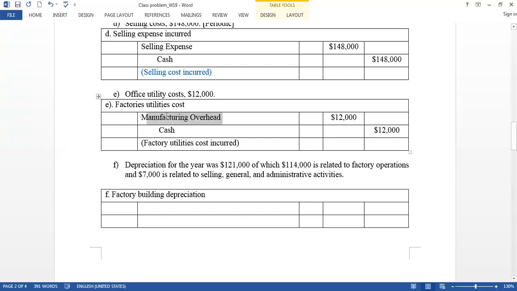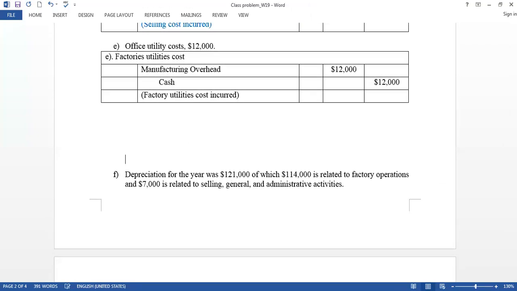It is something like this: utilities expense. If it is related with office, then utilities expense debit, cash credit. Yes. But as it is factory, we record manufacturing overhead debit and cash credit. Clear?